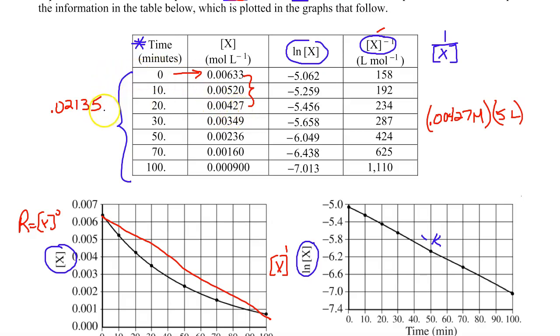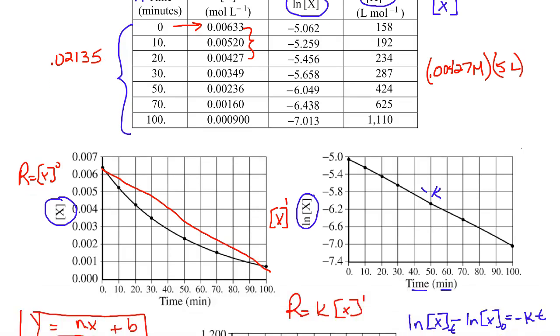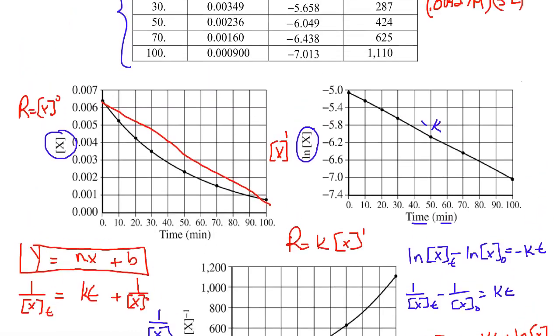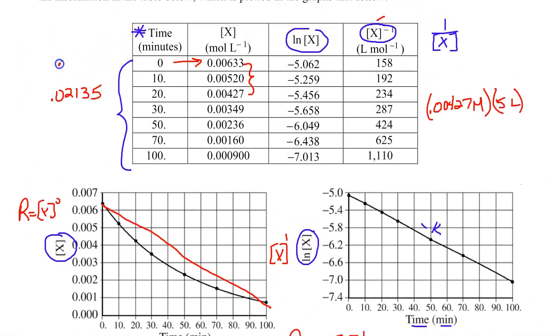Now, that's great, but remember I didn't start from 0 here, right? So I'm looking for the change, how many moles have changed, so I have to figure out how many moles here. So we already did that number, right? We already found the moles at time 0, and that was 0.0317. So 0.0317, and this is the moles I started with, and this is the moles I have after 20 minutes.